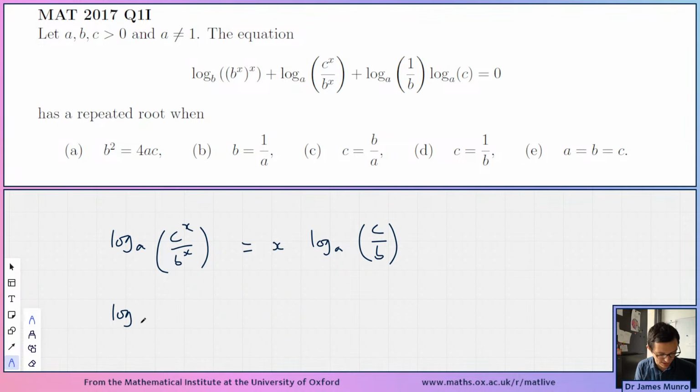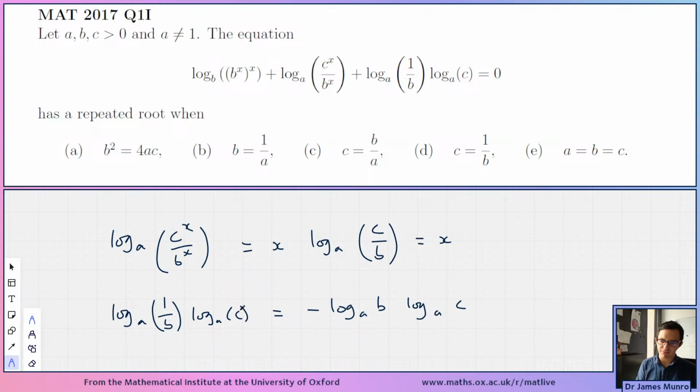And finally, this last one. Well, what do I want to do here? I don't know any rules about logarithms multiplied together. I suppose I do know that this thing is minus log base a of b, which is not too bad. I quite like that. Maybe I want to write this as, it makes me think I've got b and c separate over here, so maybe I wanted that over here.